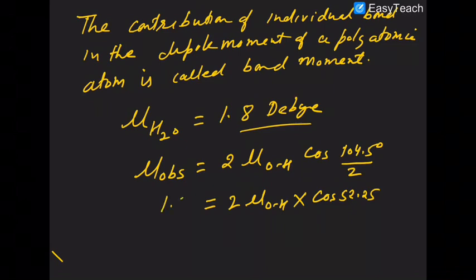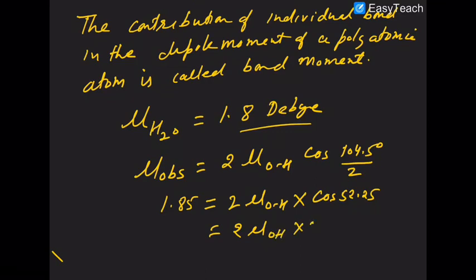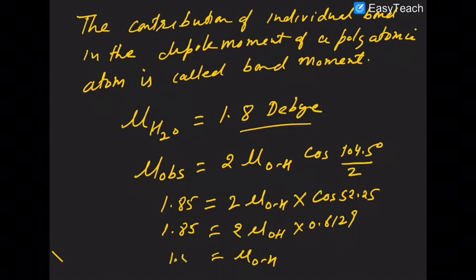Mu observed is 1.85, so 2 into mu OH into 0.6129 equals 1.85. So what is mu OH? The mu OH will be 1.51 D.